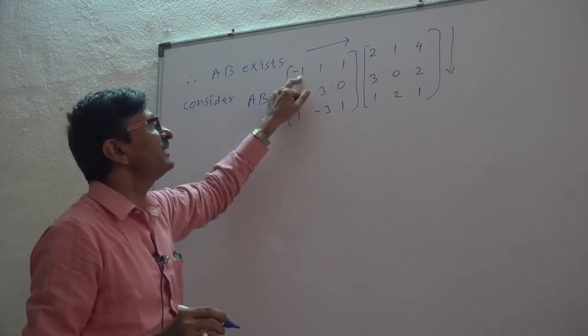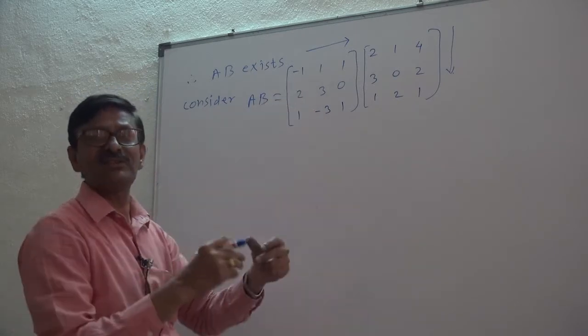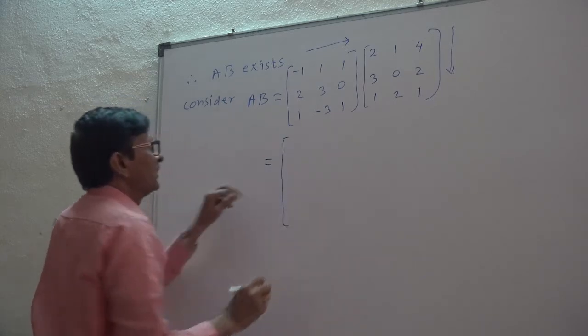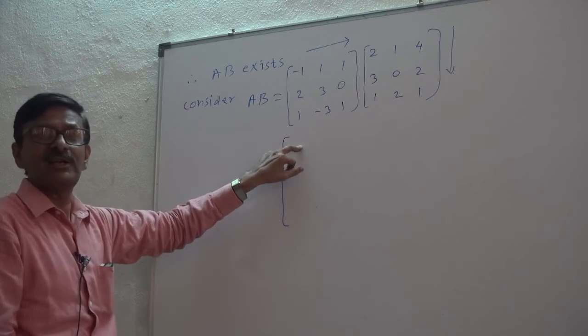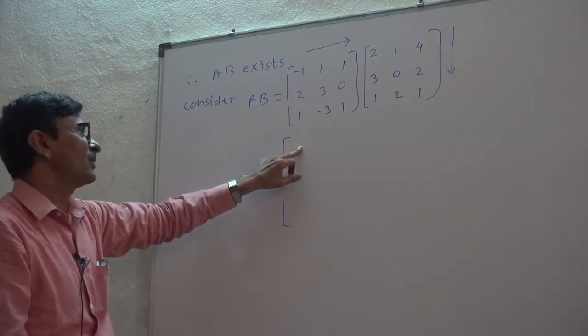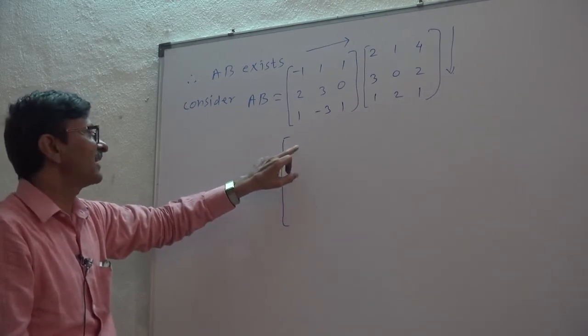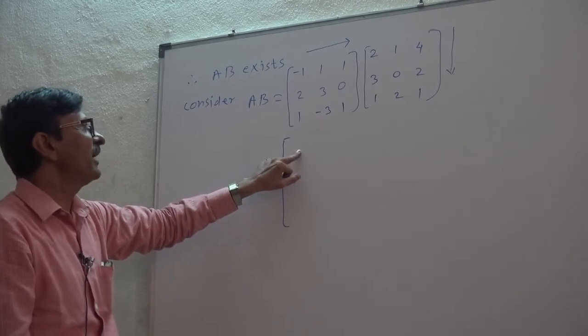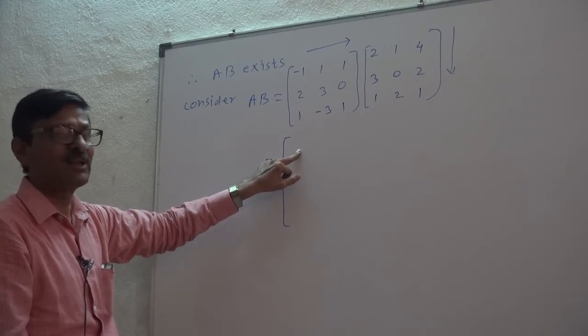So here we obtain 3 products and then we will consider their sum. Now first element in product matrix we will find. It lies in first row and first column. So we select first row and first column to obtain this element.